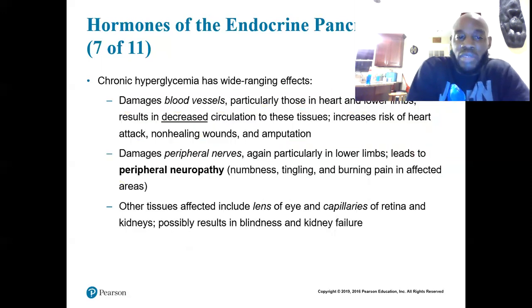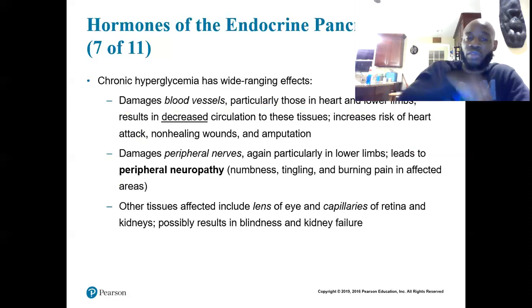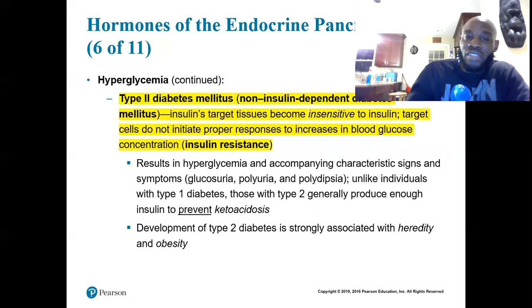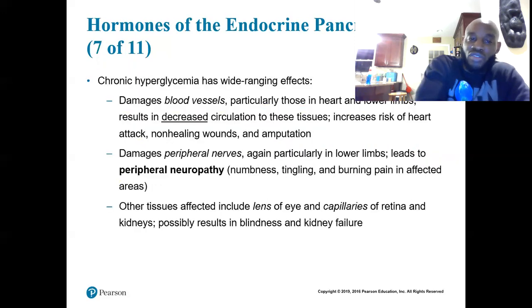Chronic hyperglycemia, high blood sugar, can damage your blood vessels, resulting in decreased circulation to tissues, non-healing wounds, and eventually amputation. You'll see people with type 2 diabetes mellitus, as it progresses, can eventually have limbs amputated, which is obviously terrible.